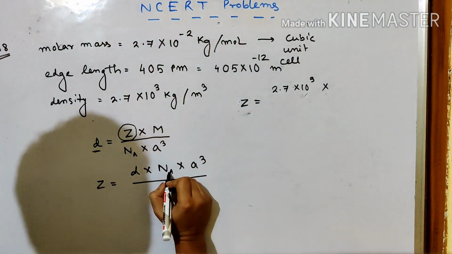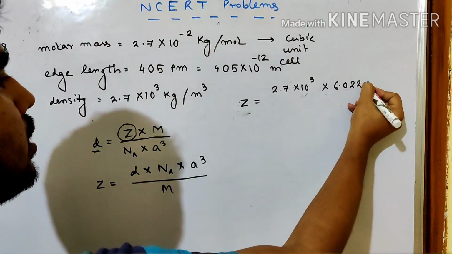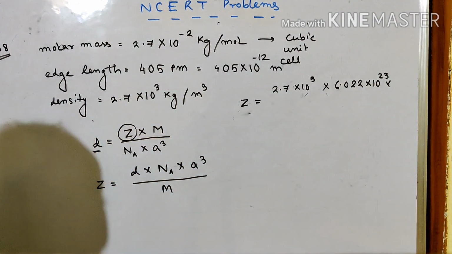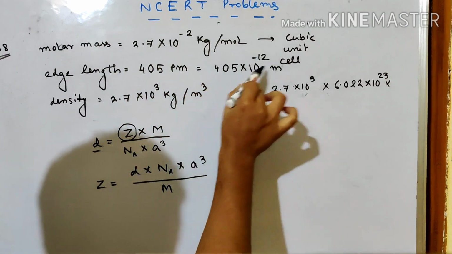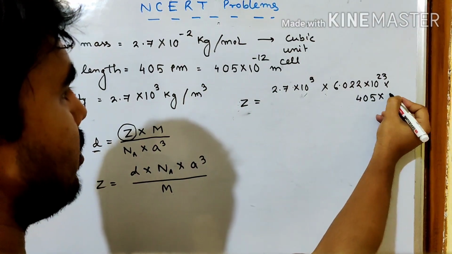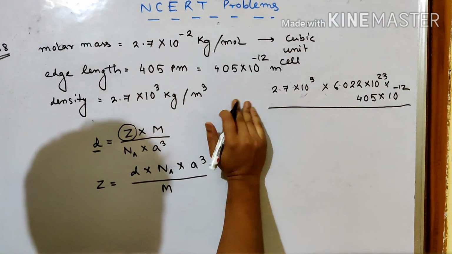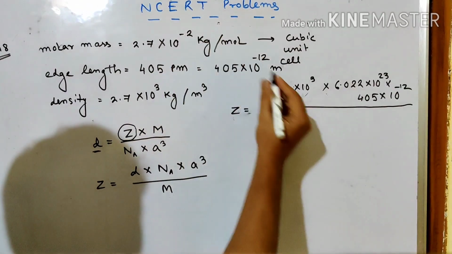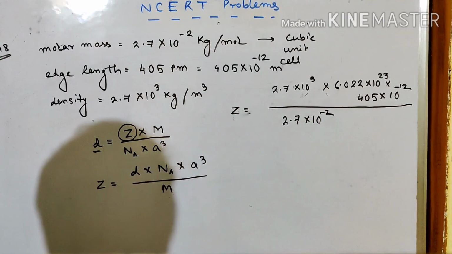Into the value of NA, that is 6.022 into 10 to the power 23, into A cube. The value of A is given as 405 into 10 to the power minus 12 meter, divided by the value of M, which is 2.7 into 10 to the power minus 2.